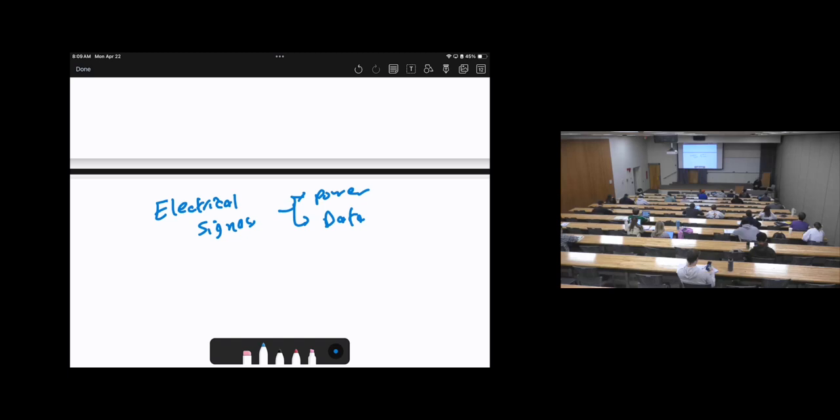So the transformer is not actually a good idea here, because it is suitable only when we know the waveform and only in AC. If it is DC, there will be a problem. In other words, it is suitable in the power area, while here it is not a good idea.